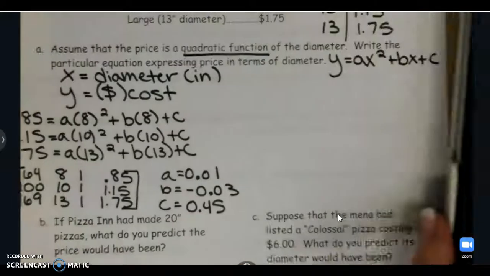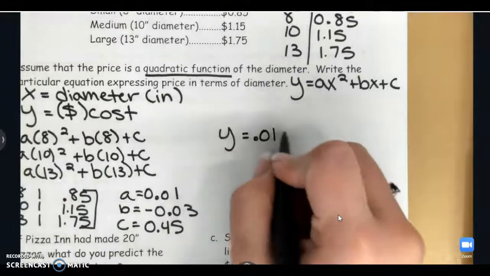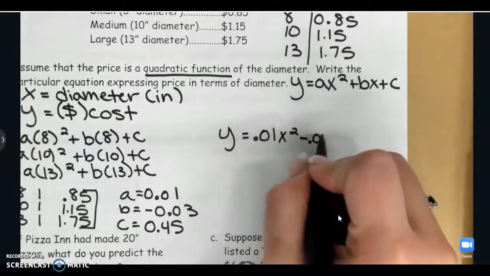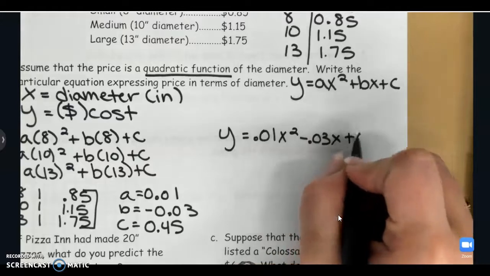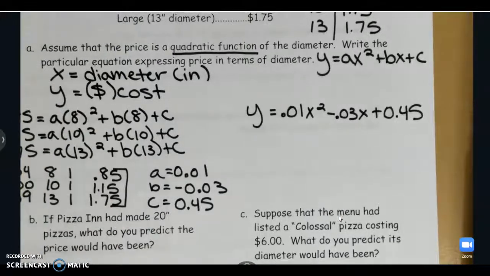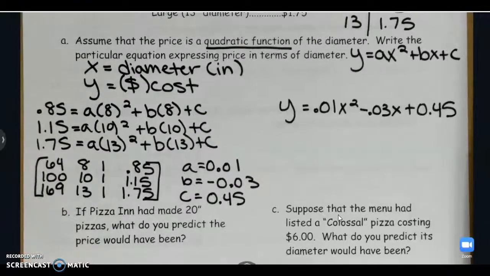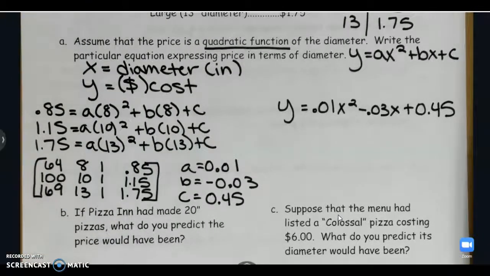So our equation would be that y equals 0.01x squared minus 0.03x plus 0.45. So either of these methods is valid.